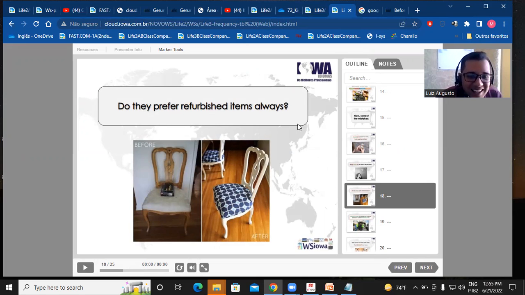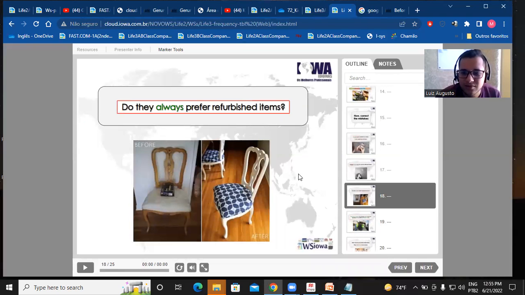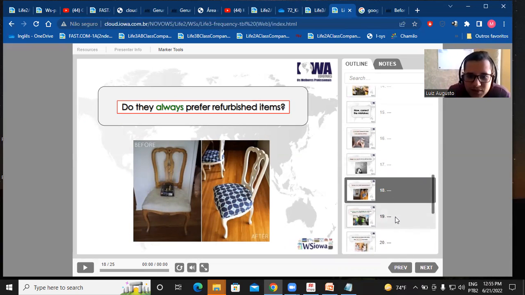Allowance. Yes. Do they allowance? Okay. Do they always prefer refurbished items? Do they always prefer refurbished items? Okay.